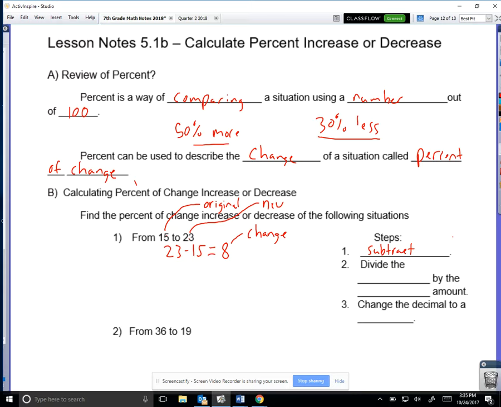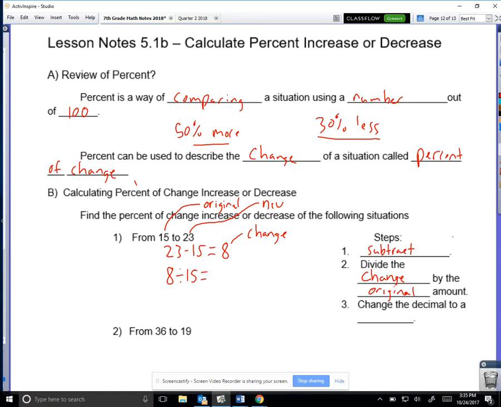Okay, so now we're going to get into calculating our percent. Step number 2, we're going to divide the change by the original amount. So we're going to take 8, and we're going to divide that by the original amount, 15.